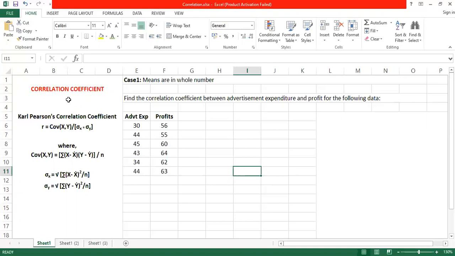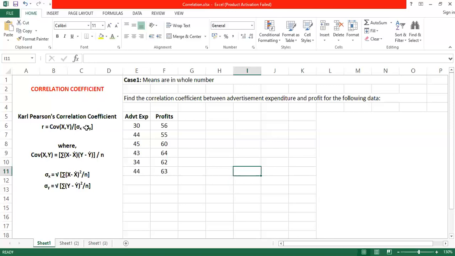So we will be using Karl Pearson's correlation coefficient. The formula says r equals covariance of xy divided by sigma x into sigma y. For covariance of xy, you have to see the lecture on covariance, and for sigma x, sigma y, which is standard deviation, you have to see the lecture on standard deviation.